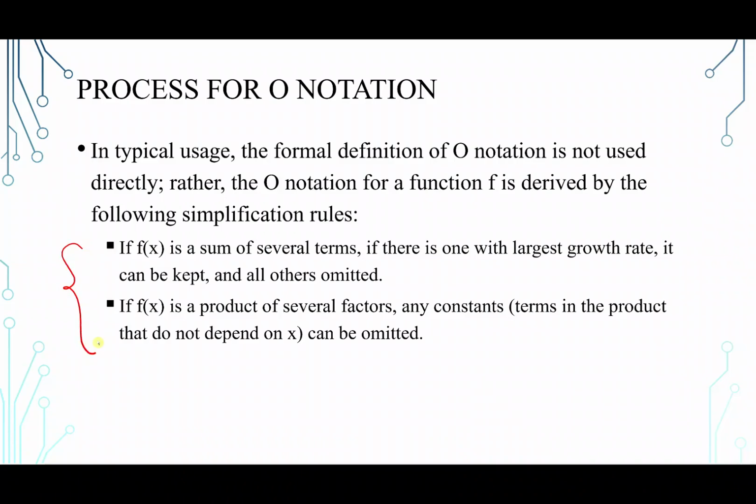If f of x is a sum of several terms, you ignore anything but the largest growth rate. So you keep the largest growth rate and ignore anything else. Anything else is omitted. If f of x is a product of several factors, any constant factor is omitted.